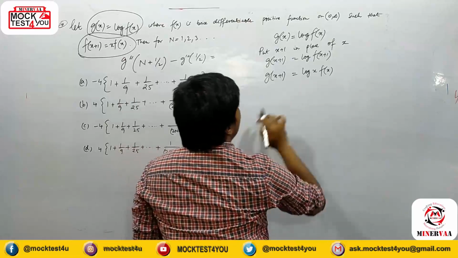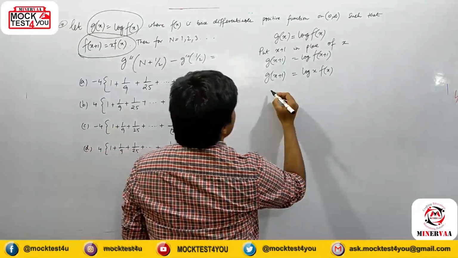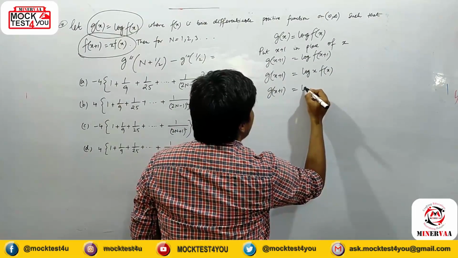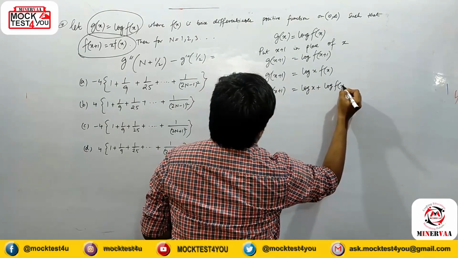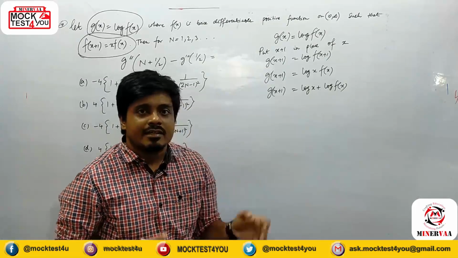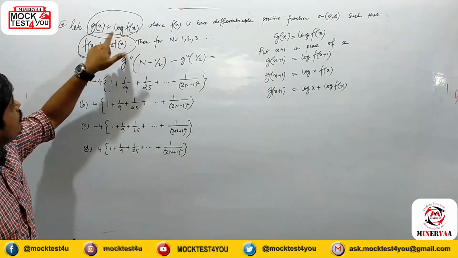Right? Now what will I do with this one? Let us break the logarithm. So g of x plus 1 is equal to log x plus log of f(x). I can write this, right? Now log of f(x) is what? There are so many things we have to find. Let us roll back. Log of f(x) is g(x).